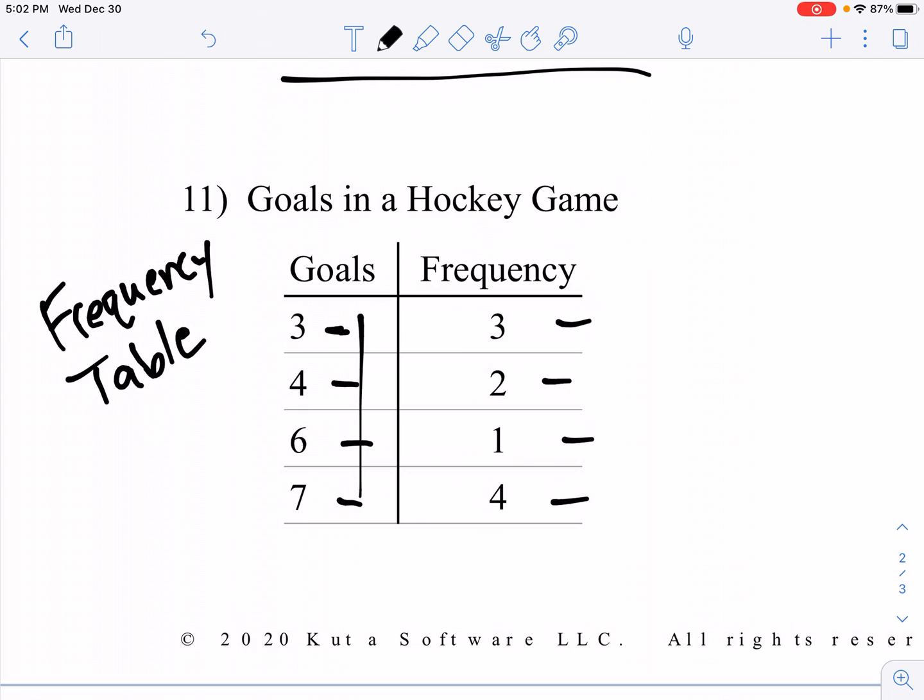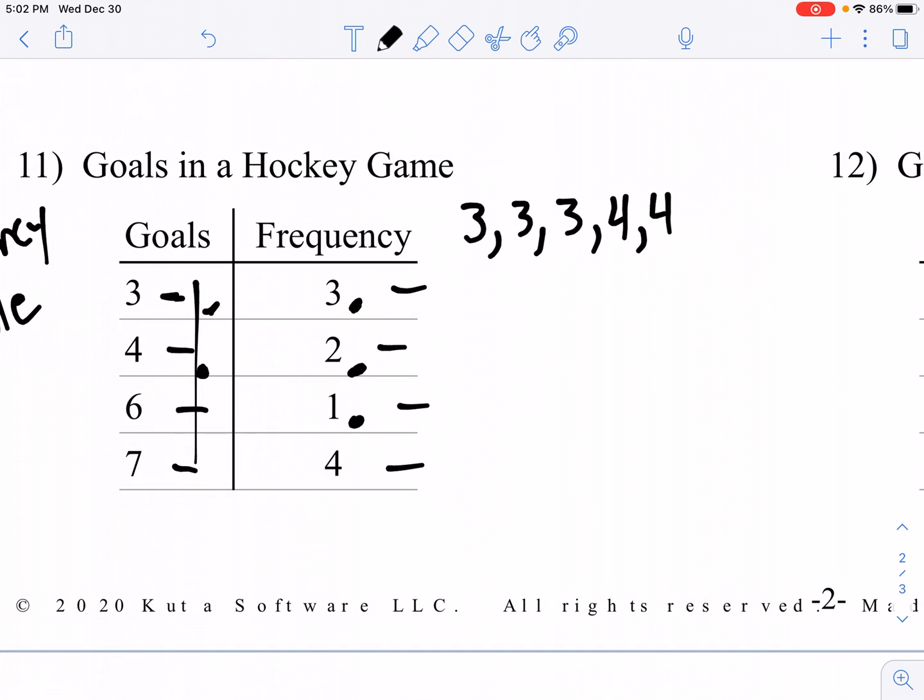Okay, so the way we would look at that is there are 3 threes. So if we list our values, there'd be 3 threes. There would be 2 fours. There would be 1 6. Okay, so one event in which 6 goals were scored.